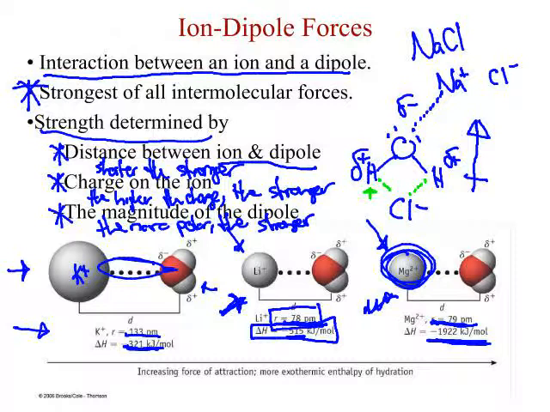Now obviously you're going to see this for ions and things that are polar. This is extremely important for soluble salts, because this is the entire reason that things like sodium chloride and potassium nitrate and all these soluble ionic compounds dissolve in water, is because there's a very strong attraction between the ions and the very polar water molecule.